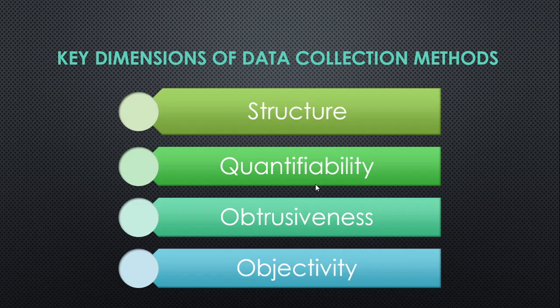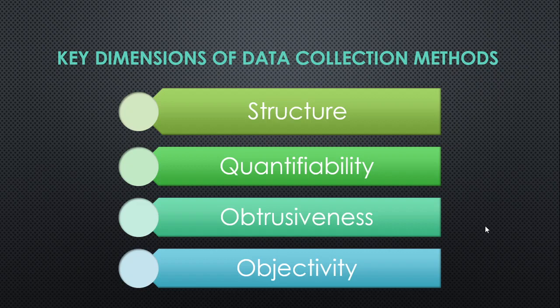Okay, what are the key dimensions of data collection methods? We have four: the structure, quantifiability, obtrusiveness, and objectivity. In structured data collection, the same information is gathered from all participants in a comparable, pre-specified way. Sometimes, however, it is more appropriate to allow participants to reveal relevant information in a naturalistic way.